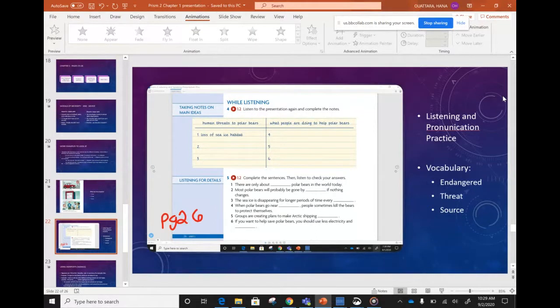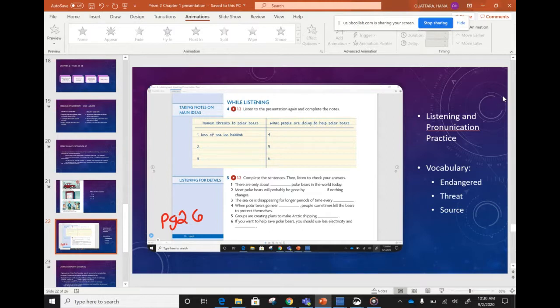That's what I'm going to talk about today. The polar bear and the human threats to this beautiful, powerful, majestic animal. It's widely known that polar bears are now an endangered species. There are only about 26,000 polar bears in the world today, and it's believed that most of them will be gone by 2050 if nothing changes.